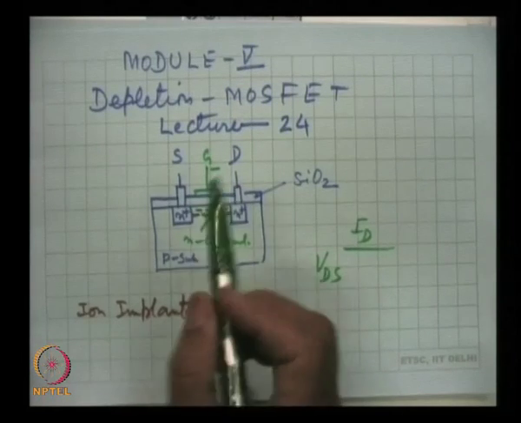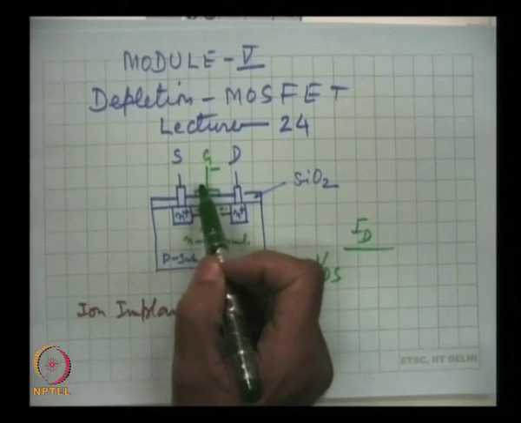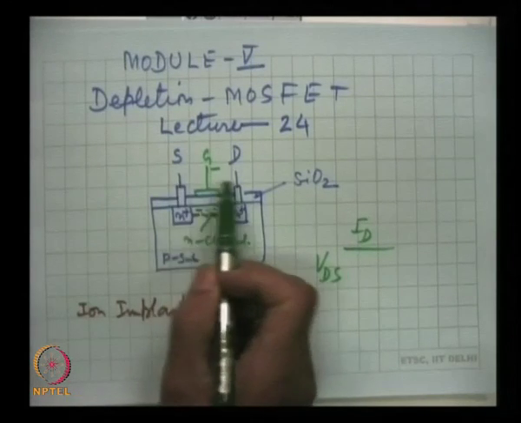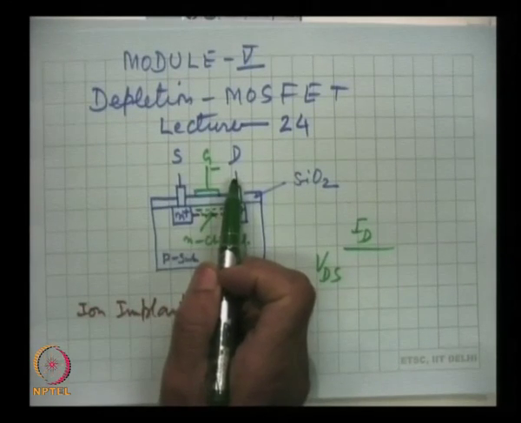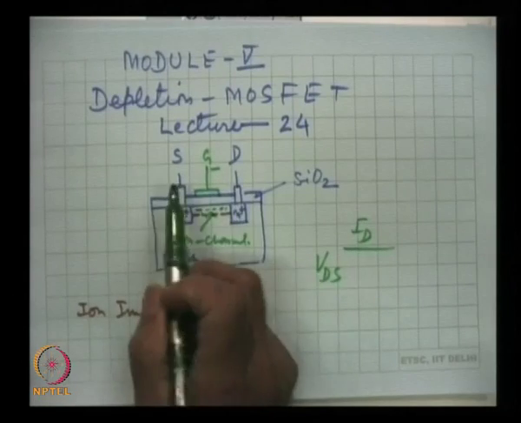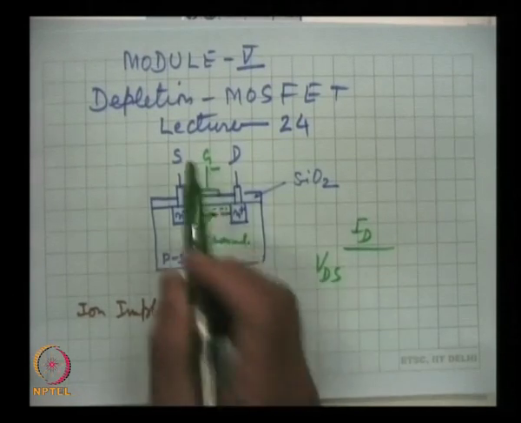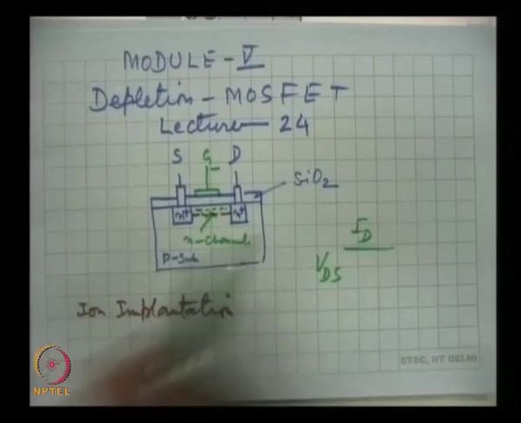So, keeping this voltage fixed at some negative voltage, when we plot the variation of the drain current with the drain source voltage, this current will be less.